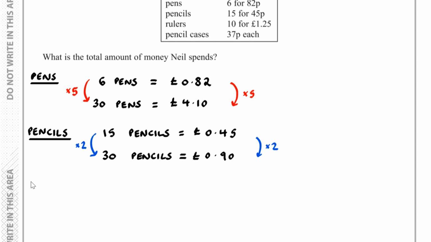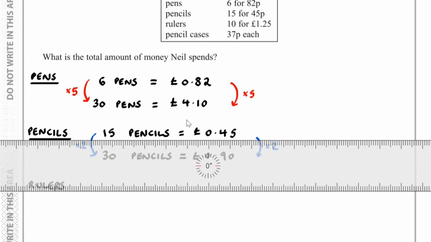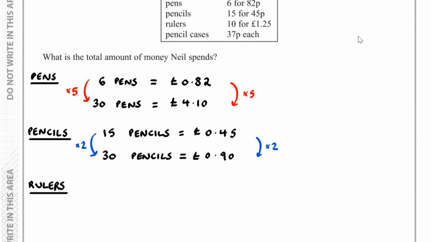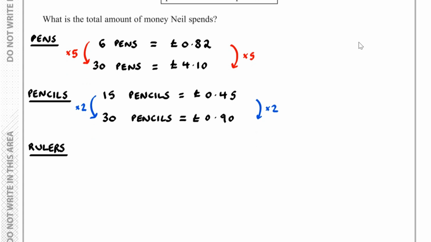If we take a look at the rulers, then we know that we get 10 rulers for £1.25.